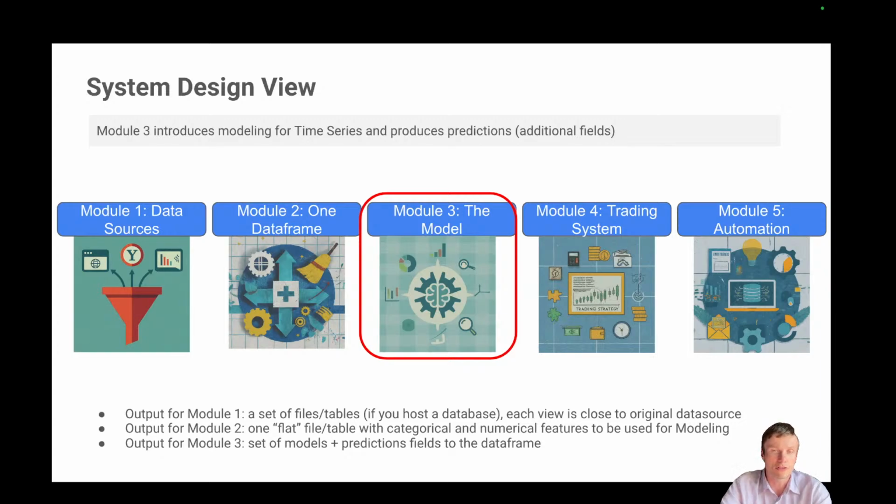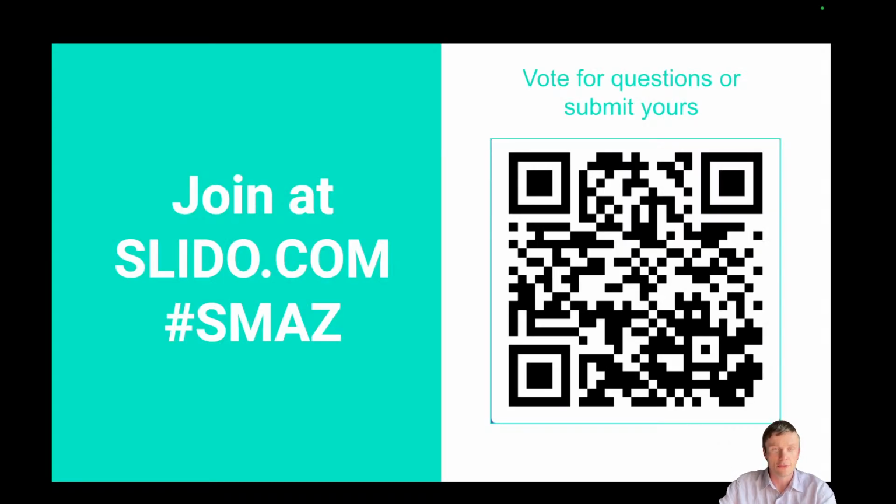You can, of course, separate those data frames and save all predictions in a separate table, but for the sake of simplicity, we will use one big table for everything. As usual, you can ask questions at slido.com using hashtag SMAZ.